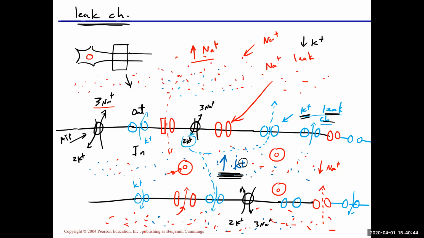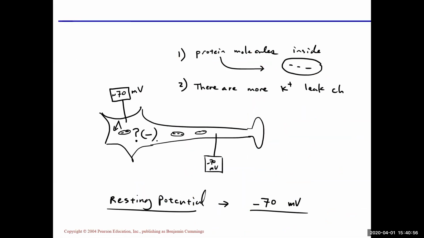Inside is going to be less positive, or in our case, more negative, which is the same thing. The positive ion is leaving, so the inside of the neuron is going to have fewer positive charges, in this case negative 70 millivolts. Number three. The third reason why the inside of the neuron is negative happens to be the sodium-potassium pump.